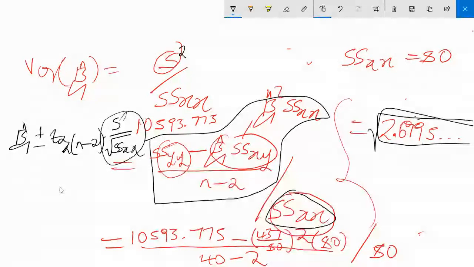What you need to understand is how to get these summations of xy, xi, yi, xi squared. Don't memorize, because you don't know how the data set will be presented. You have to know that SSXX can be written like this, SSXY can be written like this, in all angles.